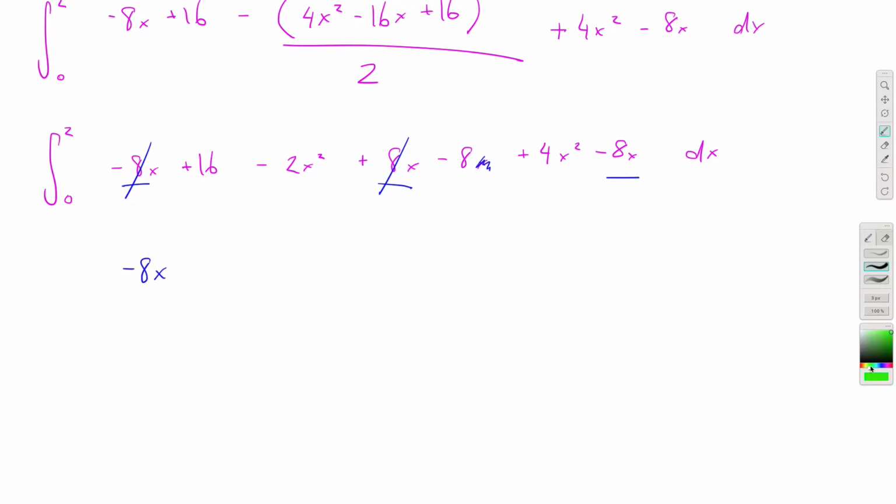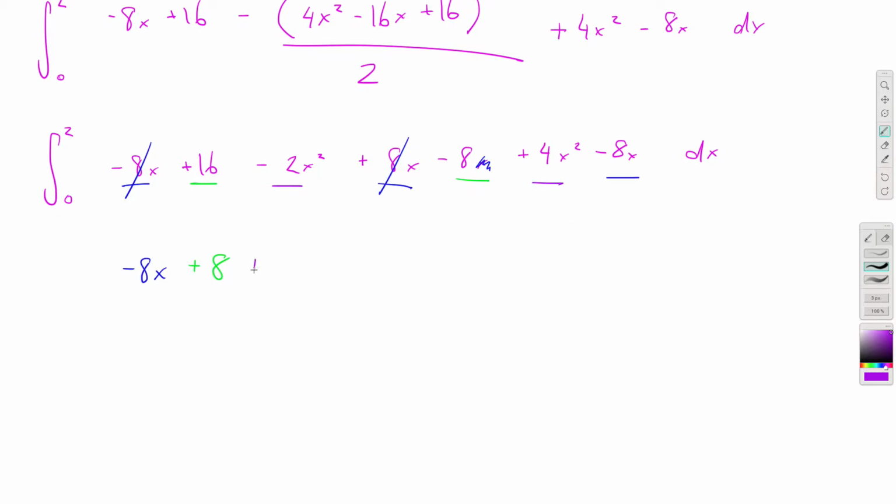Alright. Then you got 16 here. And 16 is your only constant. No. You got 1 there. So you're going to get plus 8. I think green is hard to look at. And then you've got minus 2x plus 4x.